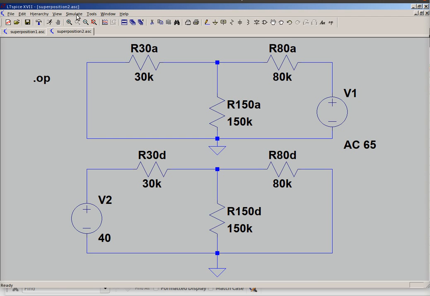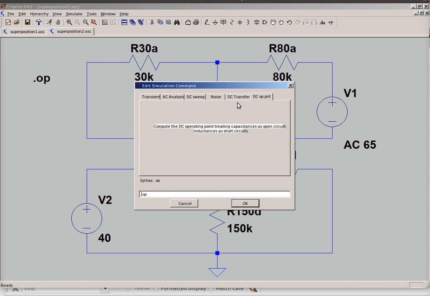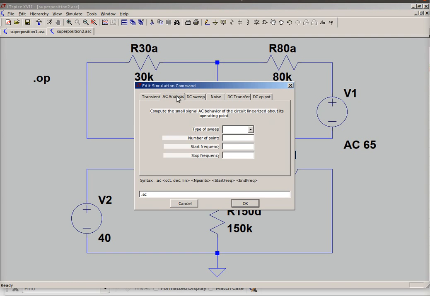To set the AC analysis, I'm going to simulate, edit simulation card, and I want to do AC analysis. I'm going to do a list of frequencies. We only want our analysis to be at the one frequency that we're given. This AC analysis allows the analysis to be done through many different frequencies.